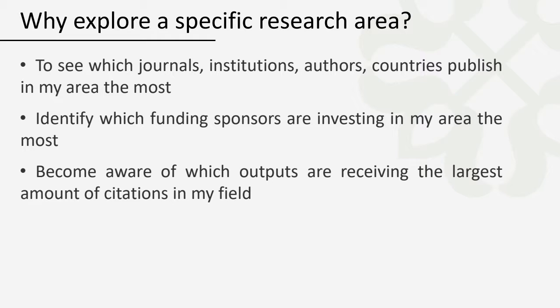So you can look at those top performers, if you like. You can identify as well which funding sponsors are invested in your area. You can get a little bit of that information out of Scopus. And you can become aware of which outputs are receiving the largest amounts of citations in your field. So these are some of the reasons why you might want to approach it this way.